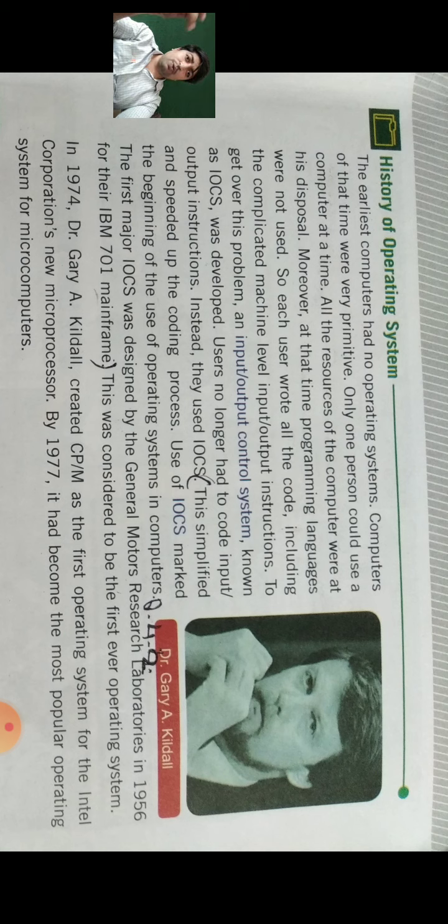I will show you different images related to the IOCS. Instead, they used IOCS, which simplified and speeded up the coding process. What did IOCS do at that time? A complicated system was turned into a simplified and speeded up coding process.